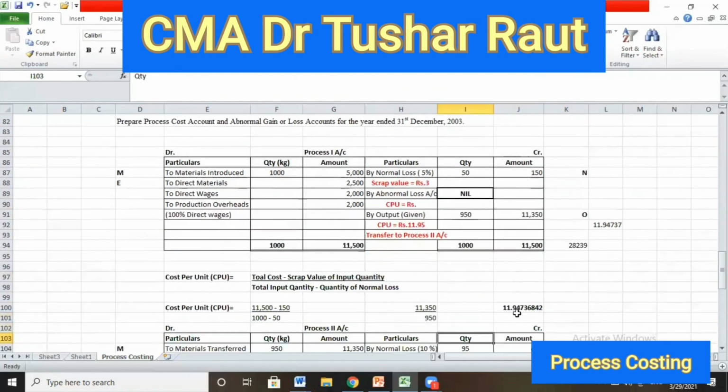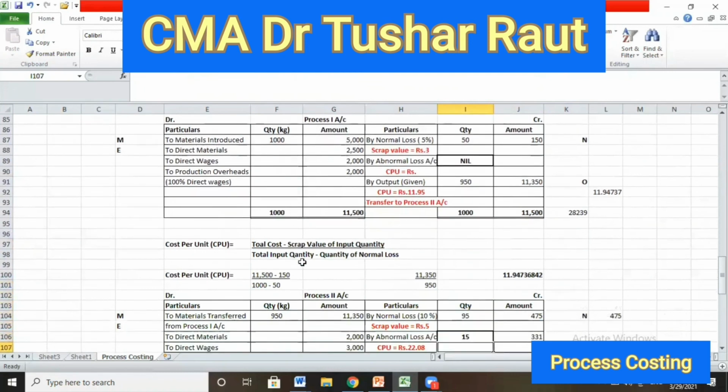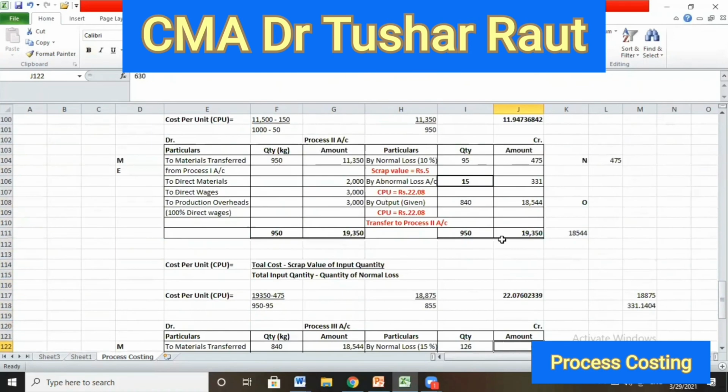But I also calculated the way it should be calculated. We can calculate with the formula, only because abnormal loss and abnormal gain were missing. Everything was tallied.